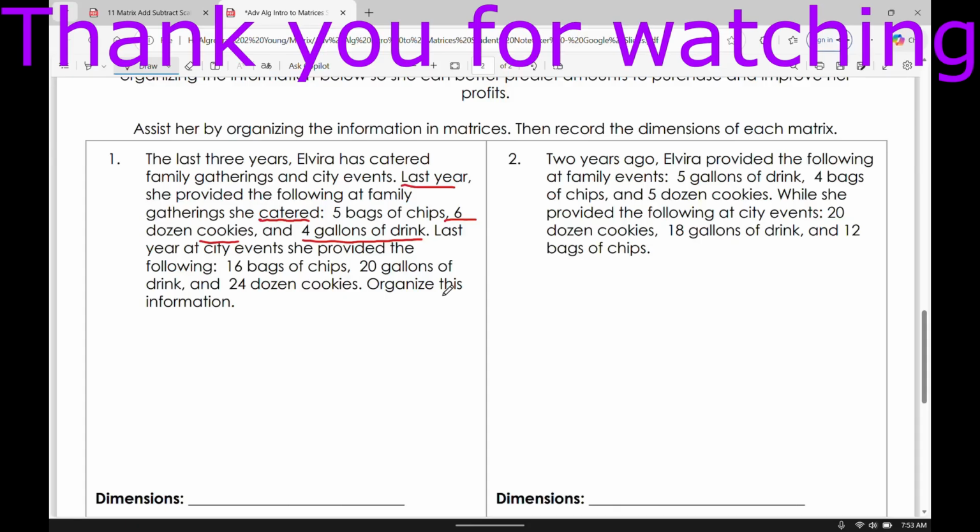Last year she also provided catering, food and drink, for the city: 16 bags, this much and this much. So we need to organize this information.